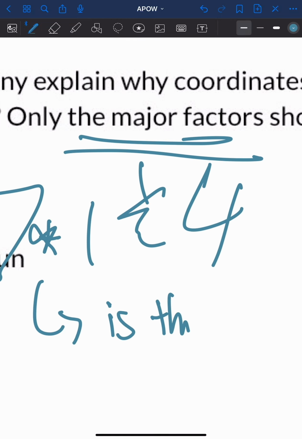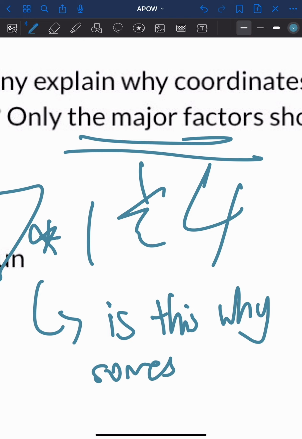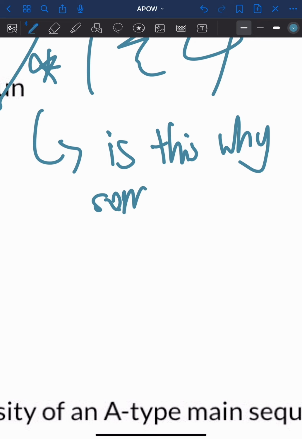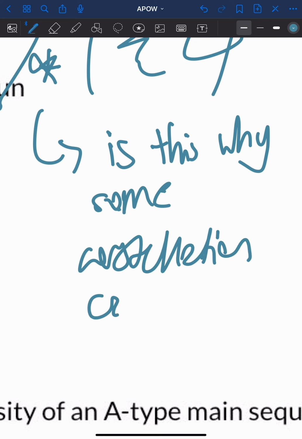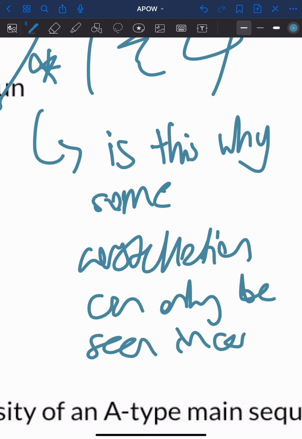Actually, I will check this out. Is this why some constellations can only be seen in certain months? Probably.